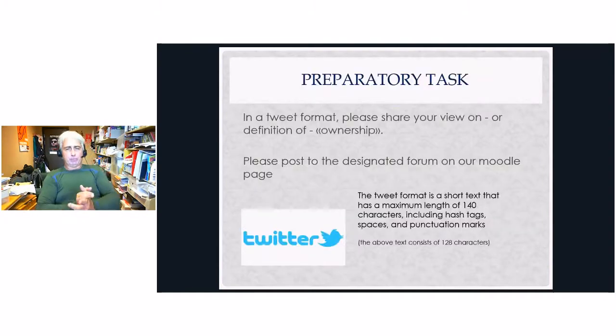So what is ownership? Well, I gave this task to share your view or your understanding or definition of ownership. Now, why I've given a task in the tweet format is that I can seek to draw out your schema, and at the same time I can use the tweet format, and I can remind you that the tweet format has a maximum length of 140 characters.